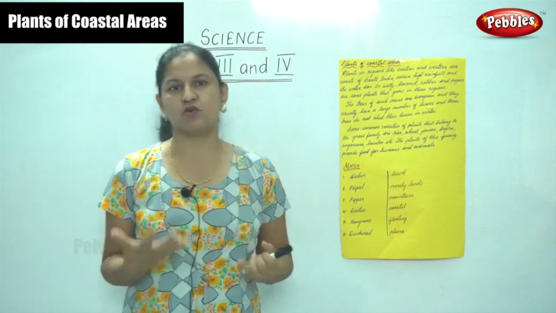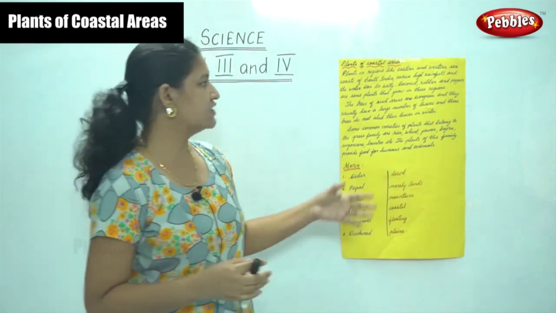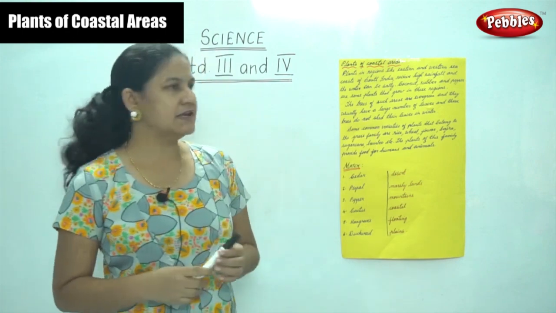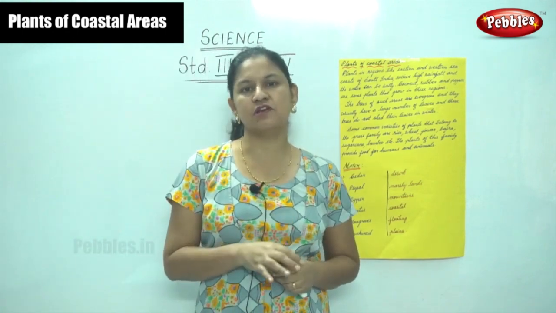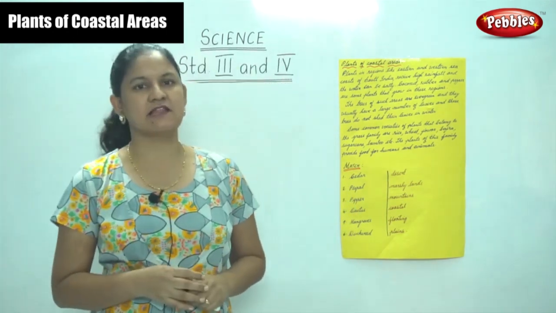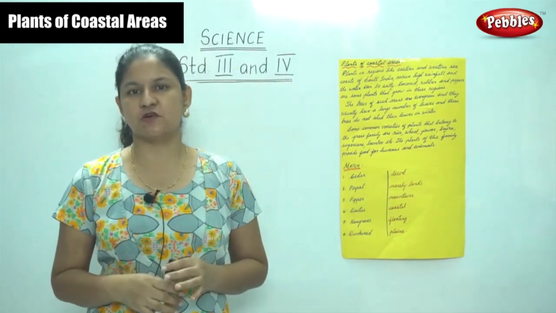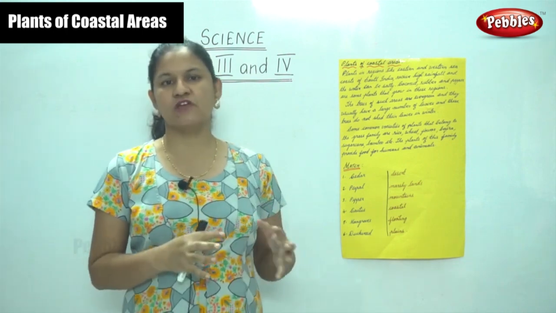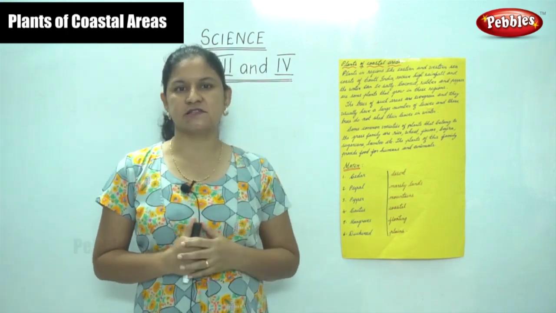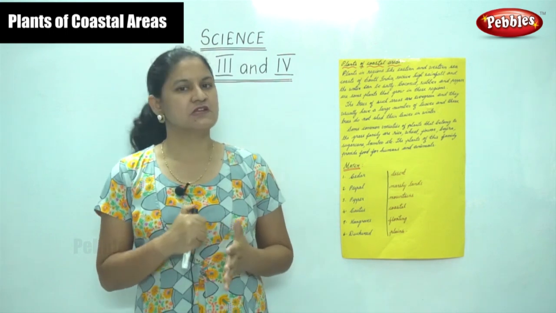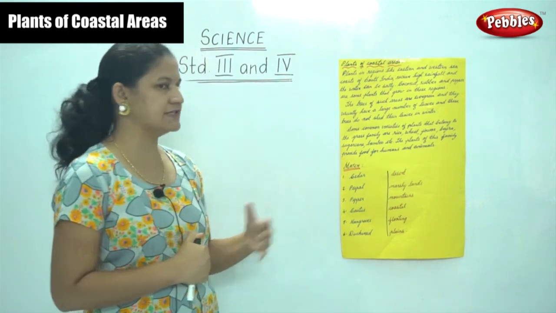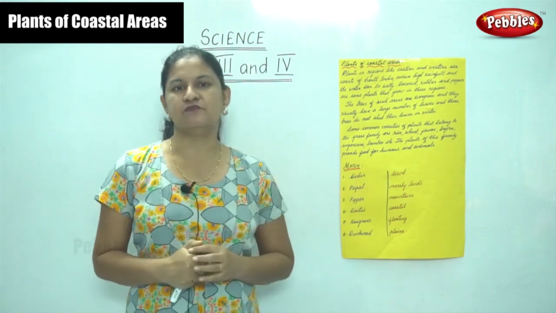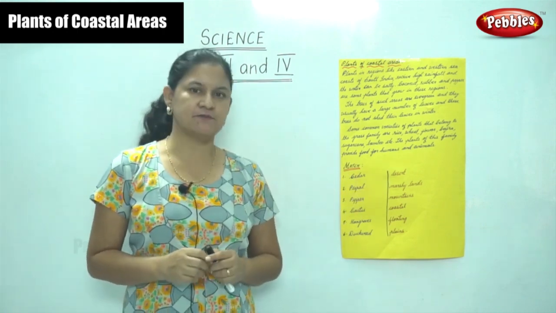So examples are your coconut, your pepper and your rubber. And the trees of these plants are evergreen and do not shed their leaves in winter, and they have numerous leaves on the trees. Next, the plants in the grass family, that is your jowar, bajra, rice, wheat, sugarcane, bamboo, etc. These provide food for humans and animals.